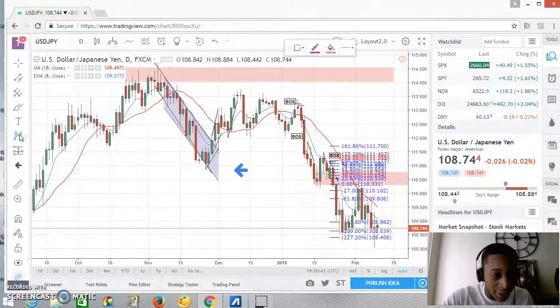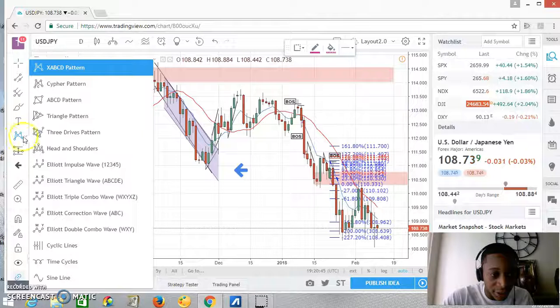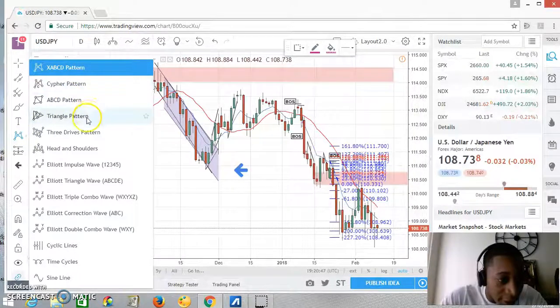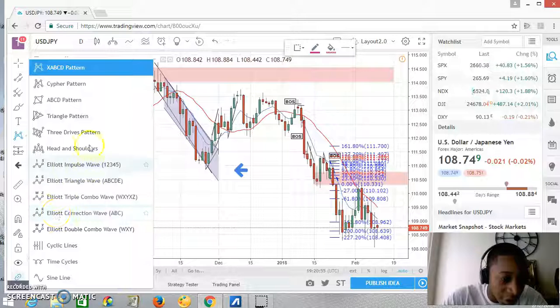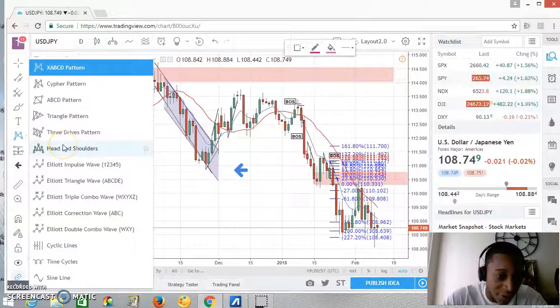Right here, let's talk about the patterns. The only patterns that I use, these are cipher pattern, ABCD pattern, head and shoulders. The only pattern that I mainly use is the head and shoulders pattern, which is very easy.